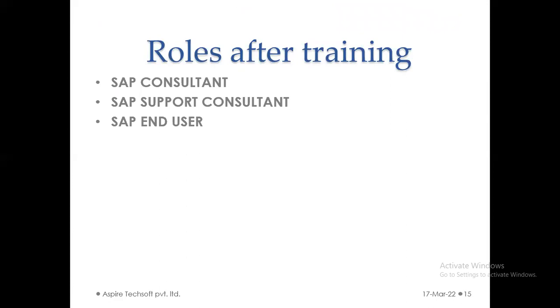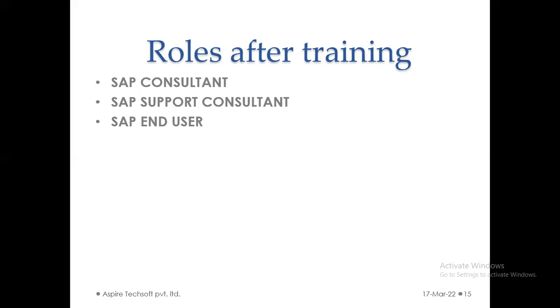And after the training, there will be 3 roles. First one, SAP consultant. The SAP consultant is sitting in an IT company and he will work on the development of that customized software. He will develop some customized software for Tata Motors. Support consultant.